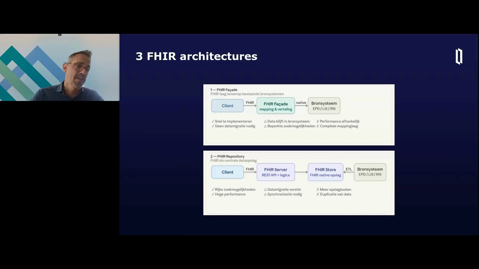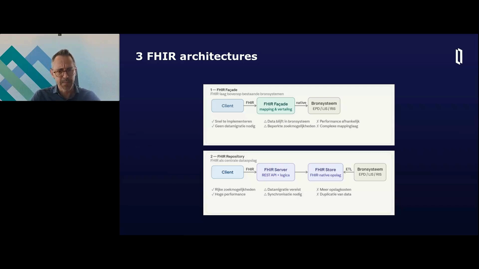Also, if from that software there are a lot of requests coming in, it might jeopardize the original software application because the database might not handle the load of requests anymore. But the major drawback of a FHIR façade is that in the long run, it might be very complex to support all different operations in a FHIR façade.